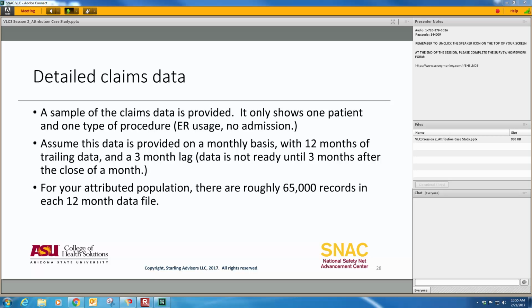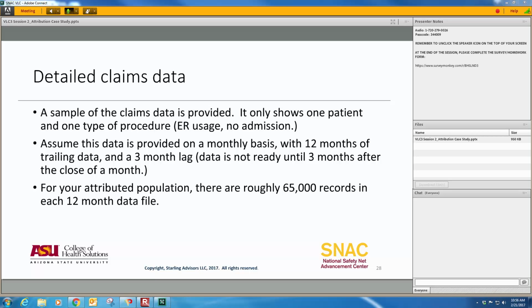Again, we mocked up the names, but this is essentially exactly what our real organization is receiving. We've only shown you one patient and one type of procedure, which is an ER usage with no admission. But in theory, this data set, which was roughly 65,000 records in each file, explained and described every single paid claim or transaction that the patient undertook.